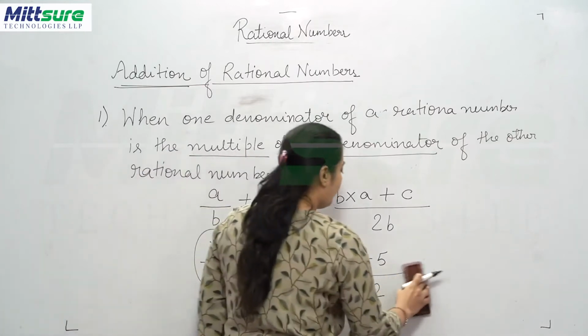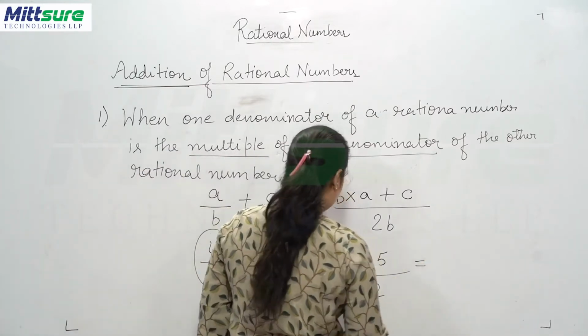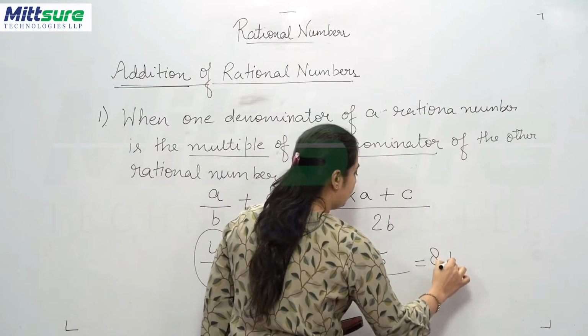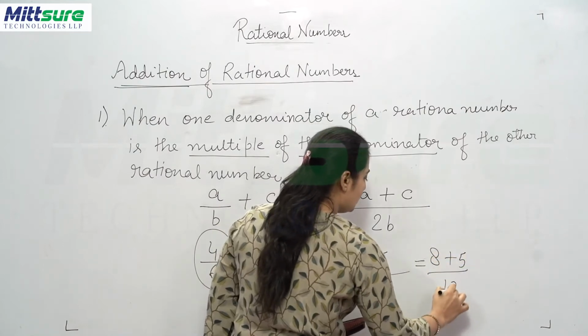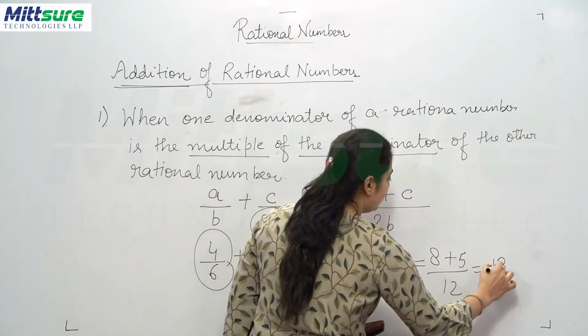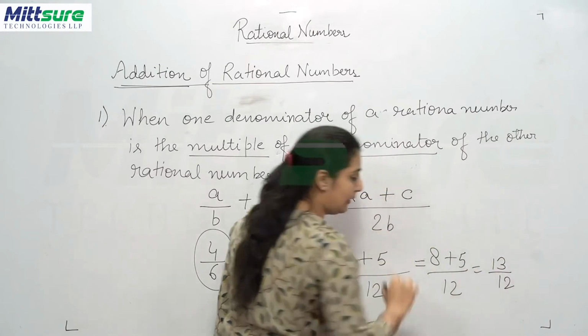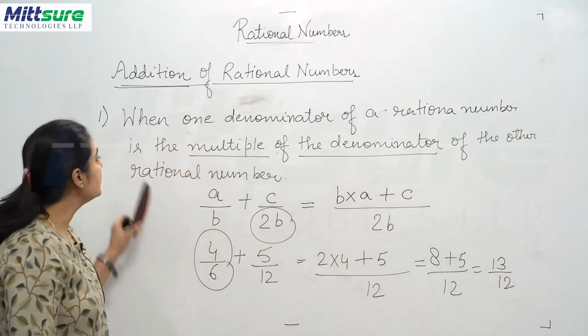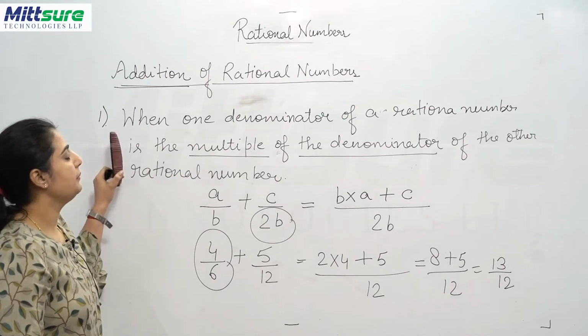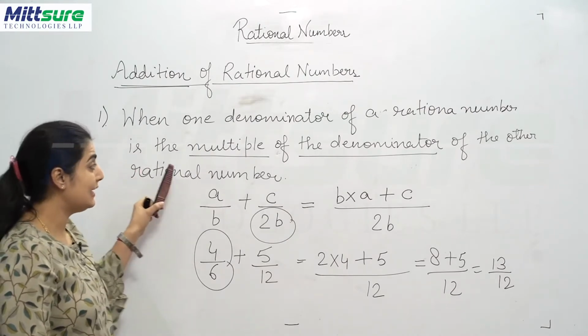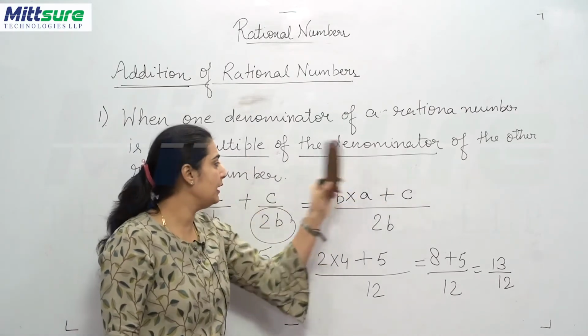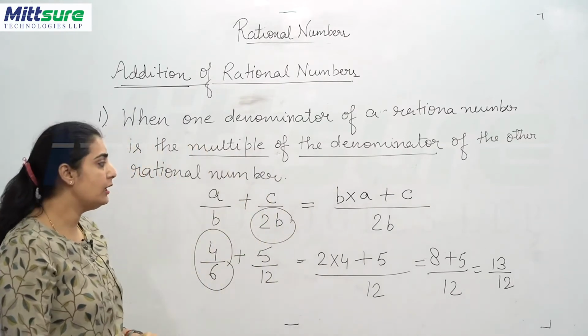Clear? Now what will be my answer? 2 4s are 8 plus 5 upon 12, which results in 13 upon 12. So this is what happens when one of the denominators of a rational number is a multiple of the denominator of the other rational number.